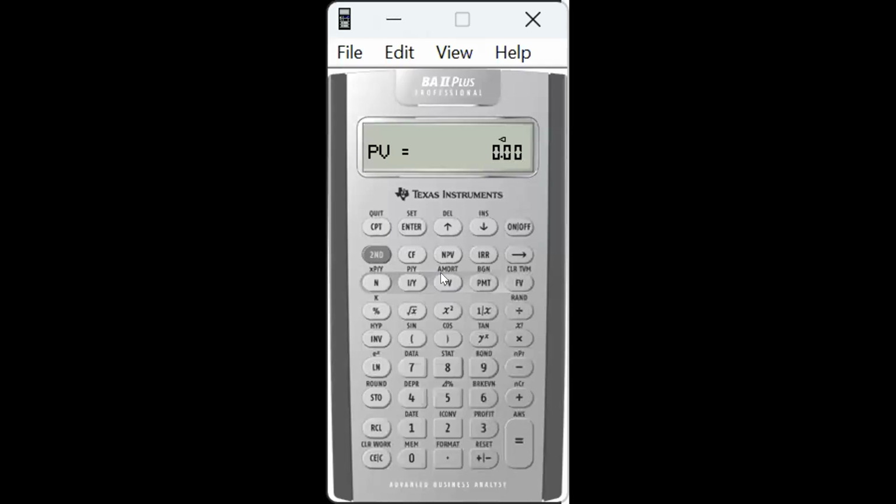So basically what you're doing is depositing $1,000 each year. So negative 1,000, because again, it's a deposit, it's an outflow, is your payment. And then we go to compute future value, and our answer is 4,000, sorry, 4,183.63. So that is what we are doing there.